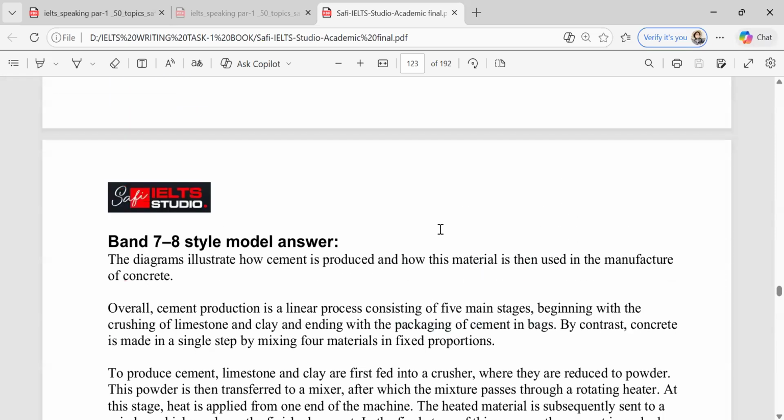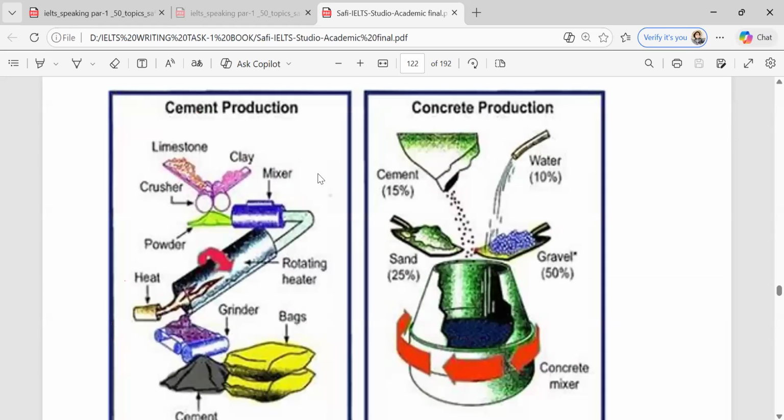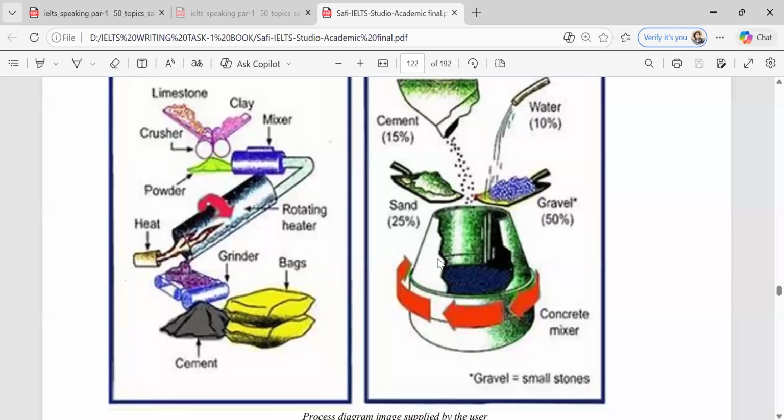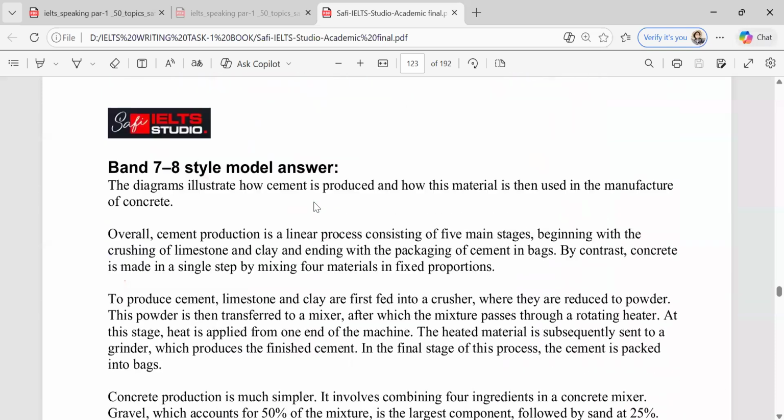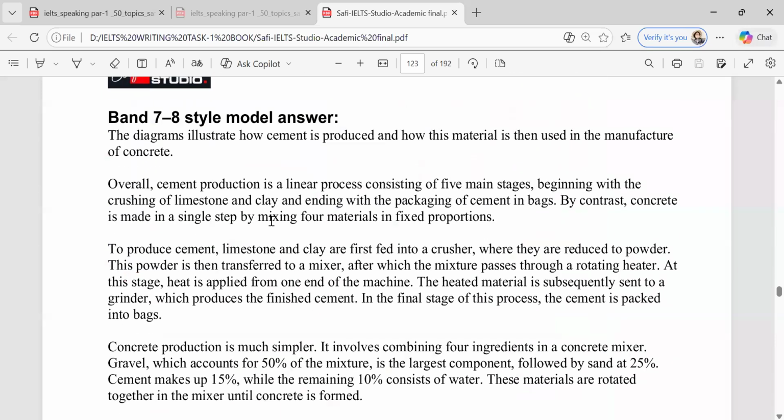So the first part, we have mentioned that it starts with limestone and clay and ends with the end product of cement. By contrast, if you go with the next picture, we can mention: by contrast, concrete is made in a single step by mixing four materials in fixed proportions. Can you see? It's very simple, a single step by mixing four materials.